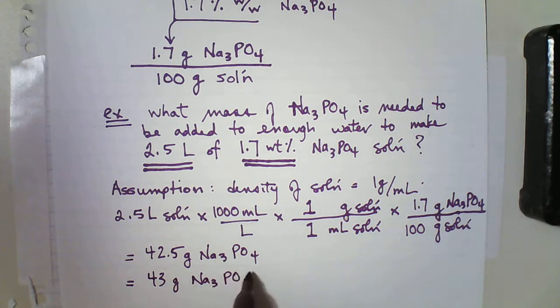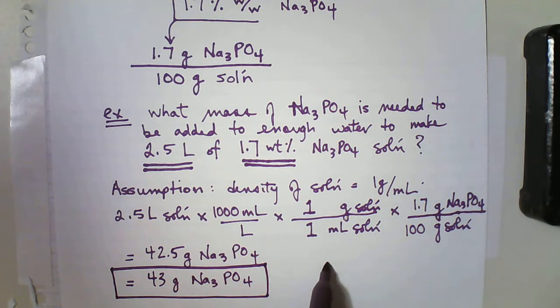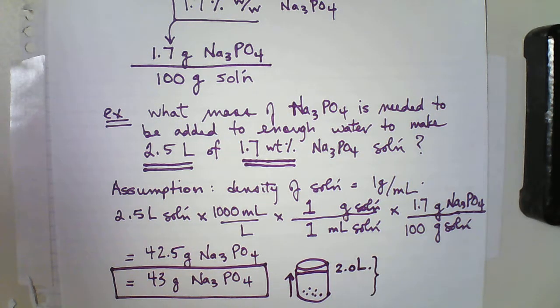So 43 grams is what I would put first into my container, and then I would fill it up to the 2.5 liter mark with water, and then I could slap a label on there which would be 1.7 weight % Na3PO4, and that would be my TSP.